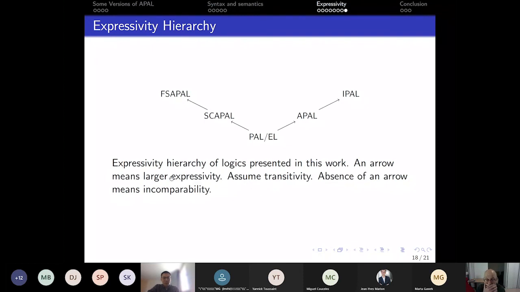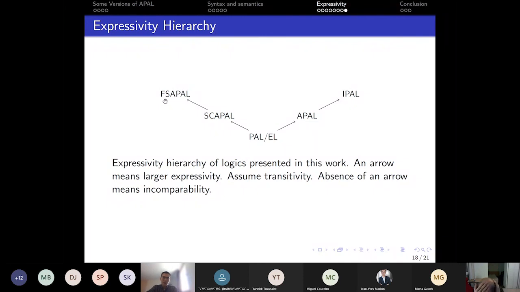So to give a conclusion here, we can draw a picture we call the expressivity hierarchy of logics presented in this work. So in this picture, an arrow means larger expressivity, and we assume that this arrow is transitive. And if there is no arrow between two logics, that means they are incomparable.